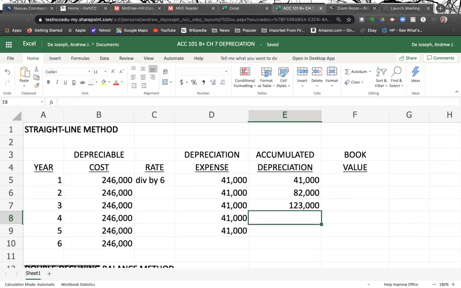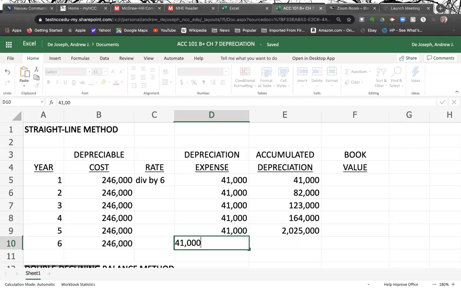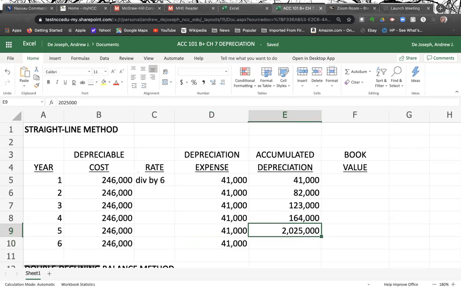Fourth year, 41 times 4, 164. And finally, 41 times 5, 205. And 205 plus 41, 246.